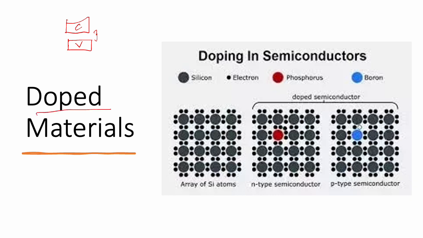Doping is basically to control the conductivity of the material. And how can we do that? By introducing specific impurities. With these impurities, we can control its electrical properties.